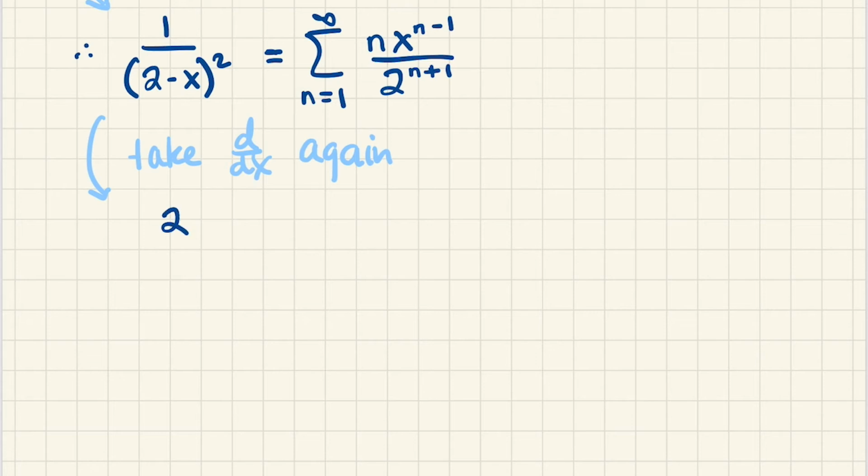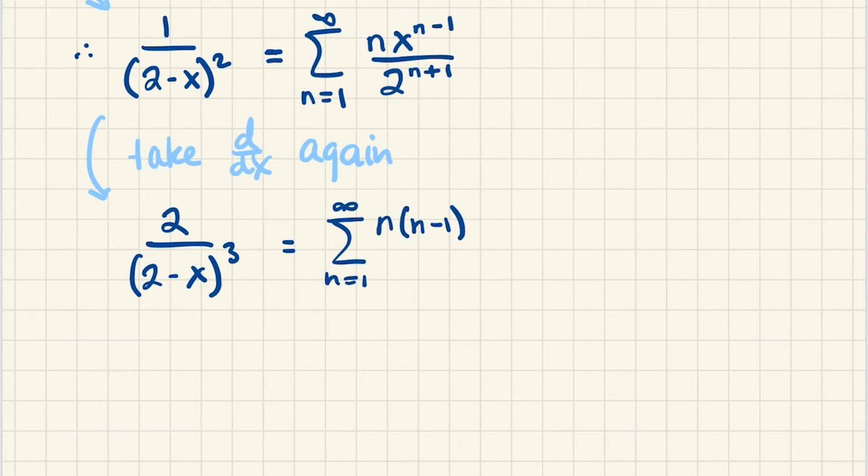So we're going to get 2 over 2 minus x cubed for that derivative of the fraction. And on the right, we're going to take the derivative of this expression, which really just means the derivative of x to the stuff. So the n minus 1 will come down. We get x to the now n minus 2. And this is all over 2 to the n plus 1.